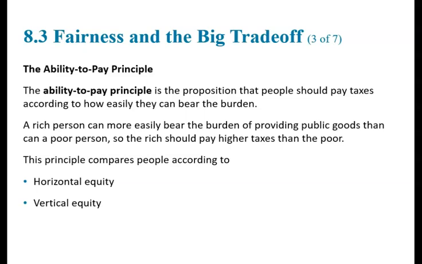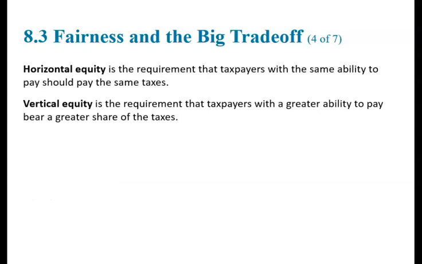This ability to pay principle has two components. The first one is horizontal equity. The second one is vertical equity. Horizontal equity is the requirement that taxpayers with the same ability to pay should pay the same taxes. On the other hand, vertical equity deals with the idea that taxpayers with a greater ability to pay should bear a greater share of the taxes.